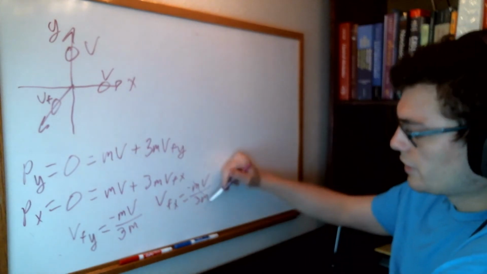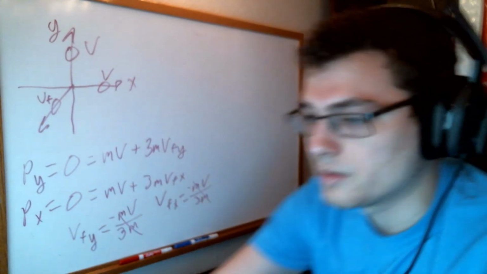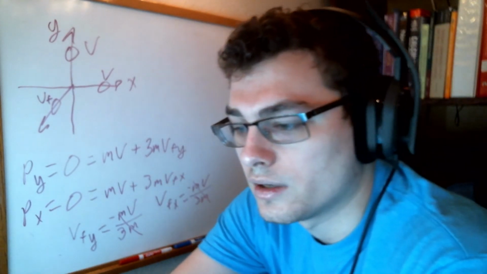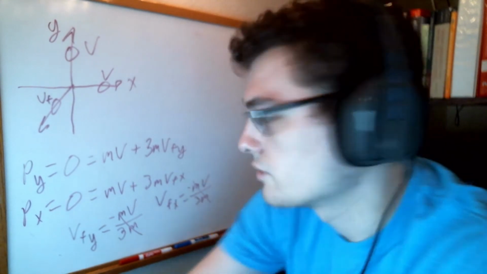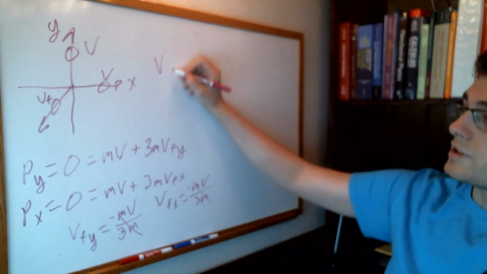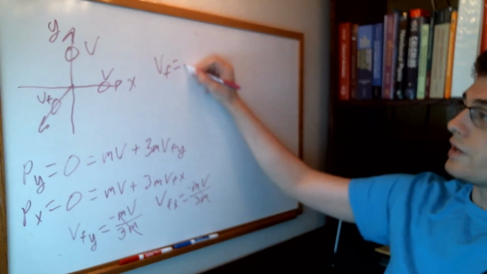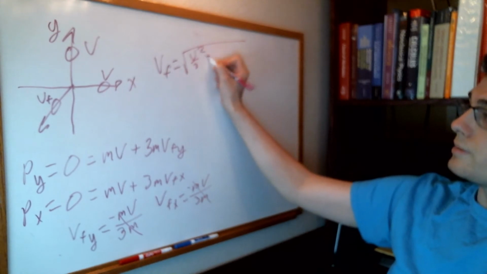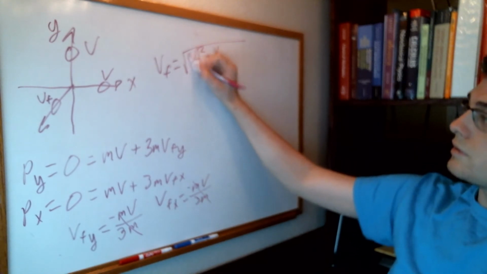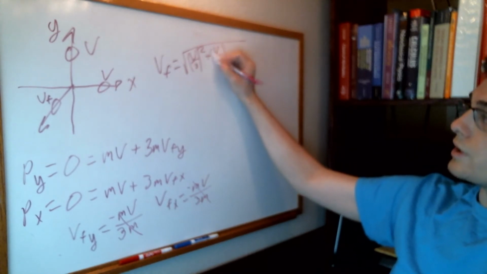Then we see very quickly that our m's cancel out, and we get negative v over 3 for both of these. And so then we can put these velocities together. So then vf is equal to the square root of v over 3 squared plus v over 3 squared.